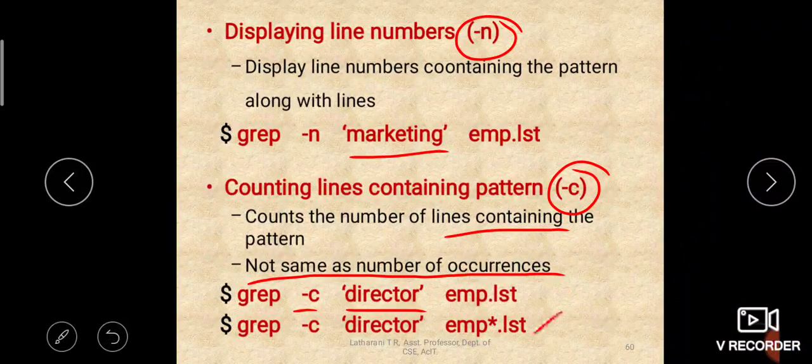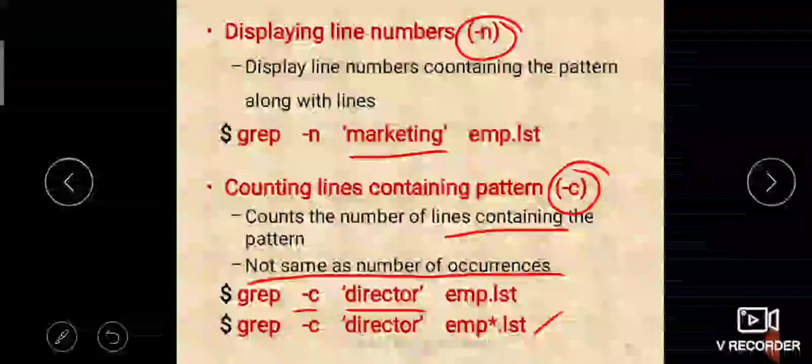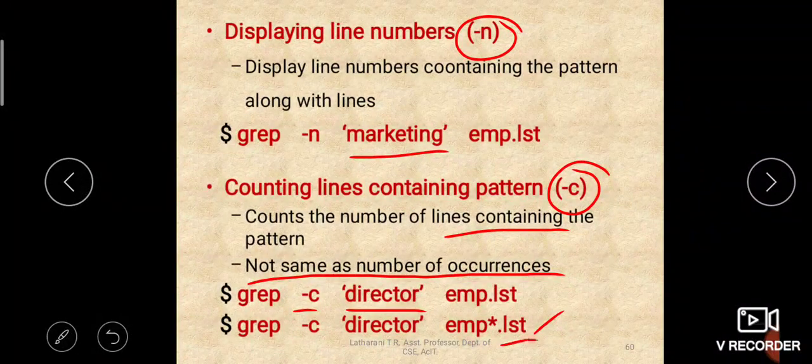Similarly here, if you say grep -c director emp*.lst, so you can use a pattern also for matching the files. What is emp star dot lst? The file name should start with emp followed by anything because of the star, and .lst should be used at the end.